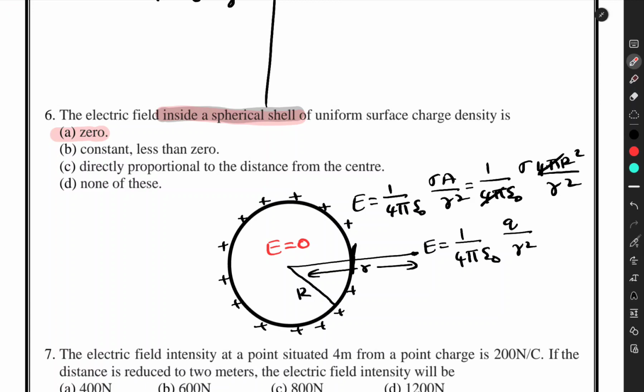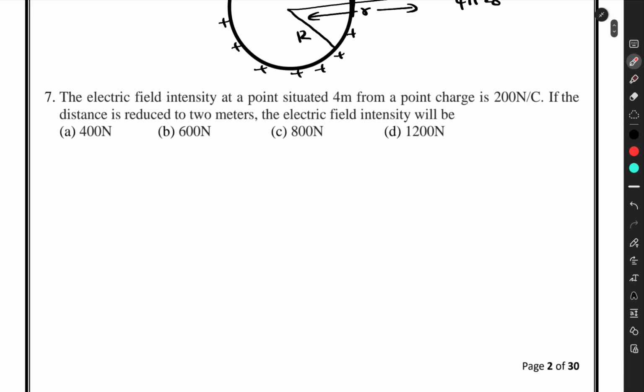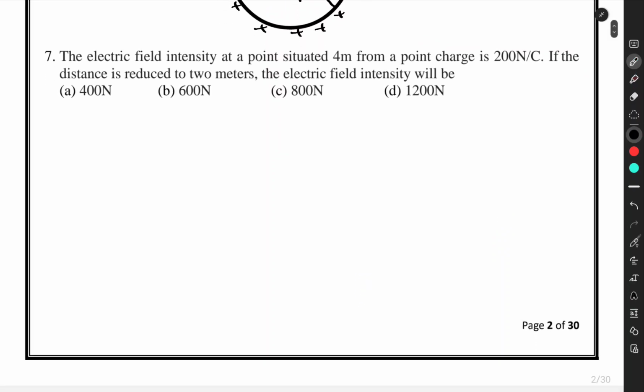Next, we have this question, that is, the electric field intensity at a point situated 4 meters from the point charge is 200 newtons per coulomb.